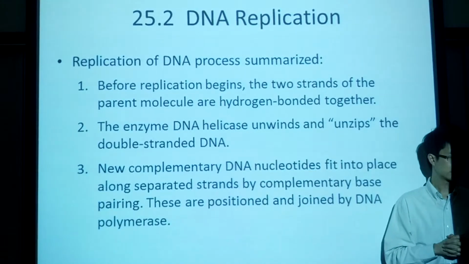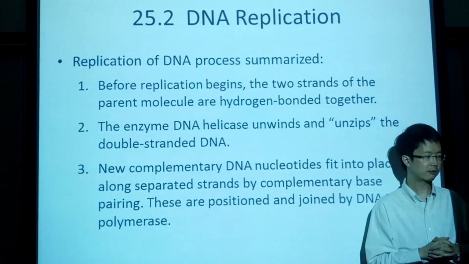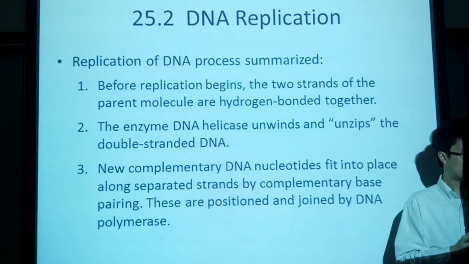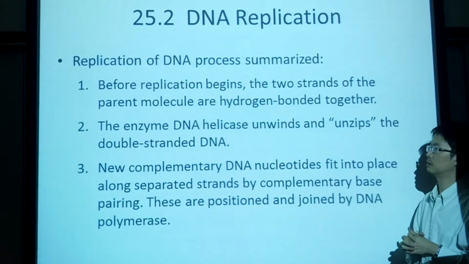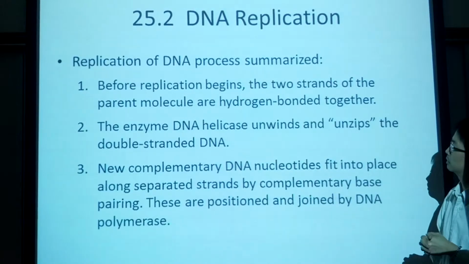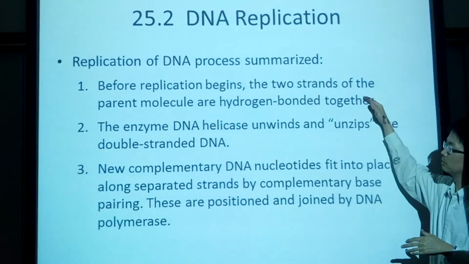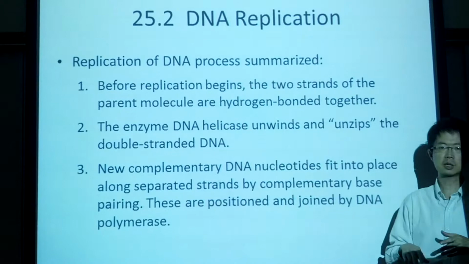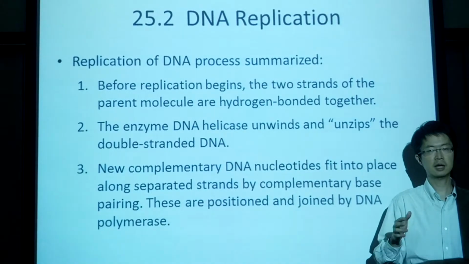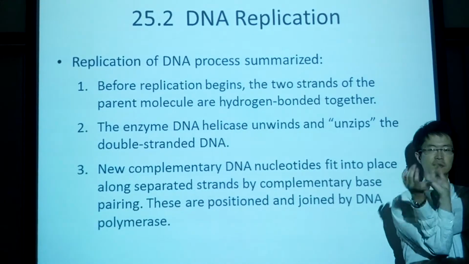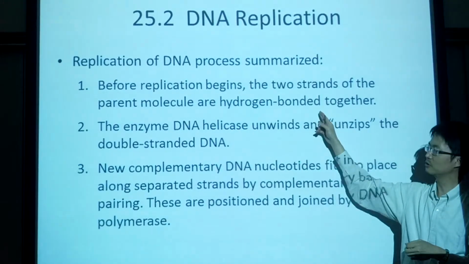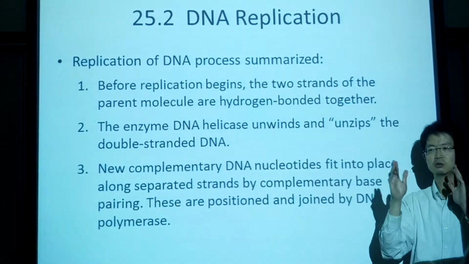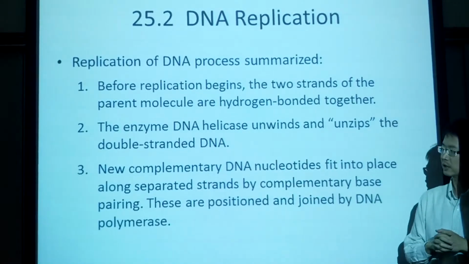Okay, now we have this replication. It is summarized in these few steps here. Before DNA replication occurs, we have the double helix. Remember that the strands are anti-parallel, and they form this double helix and use hydrogen bonds to connect the two strands of DNA together.